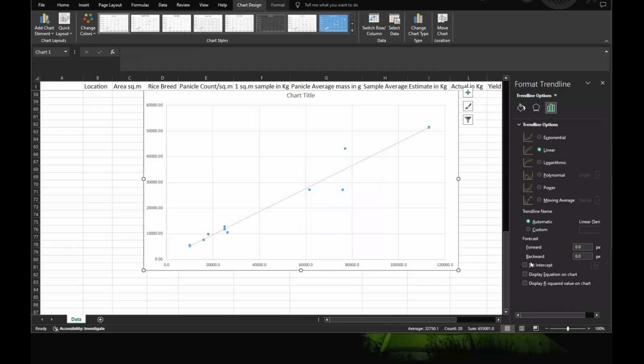Set the intercept to 0 because there is no plus or minus kilograms, so the intercept is 0.